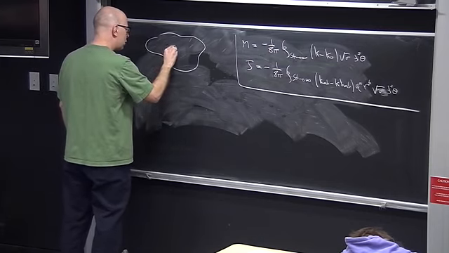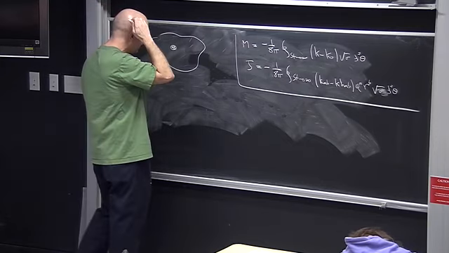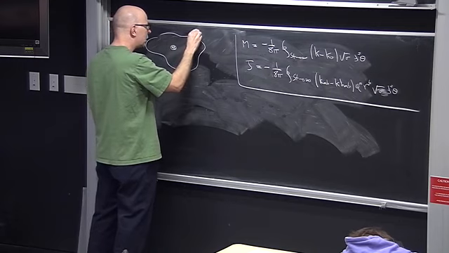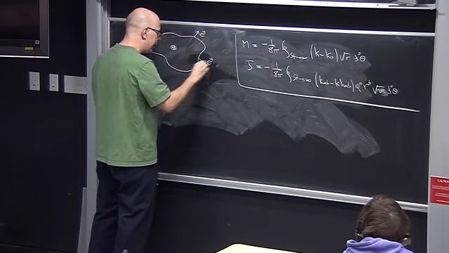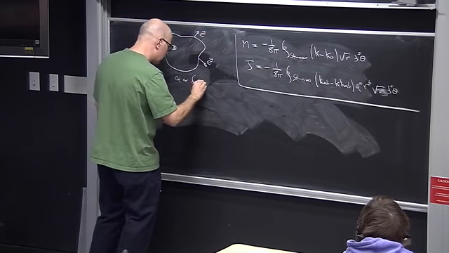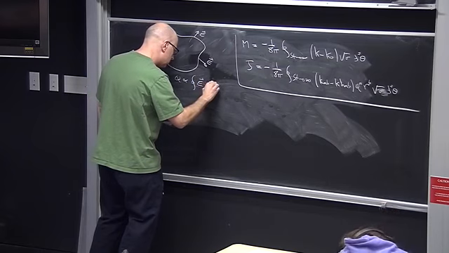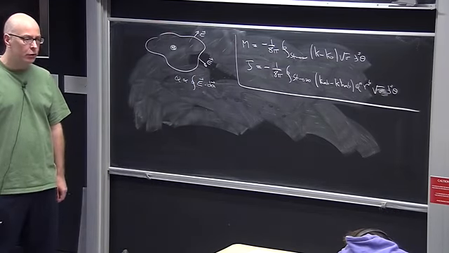you can have a distribution of charge over here. It can be as complicated as you want it to be. But to calculate the total charge, all you have to do is calculate the electric field on the boundary. All you have to do is construct the surface integral of the electric field around that surface.